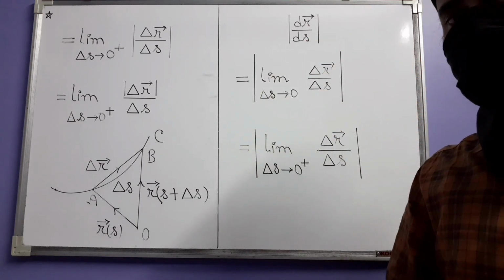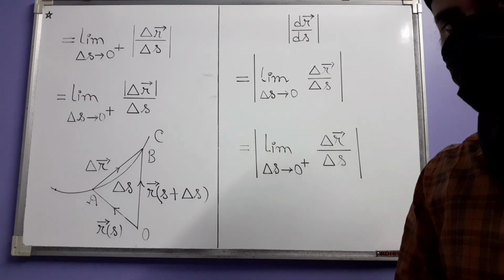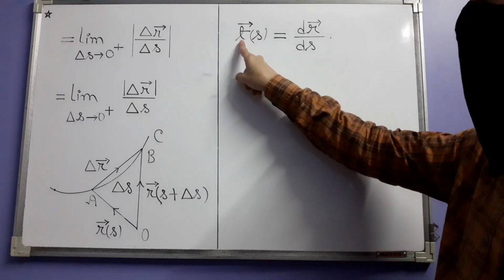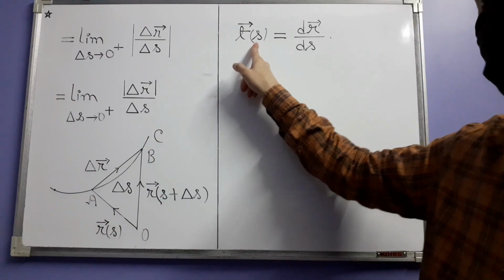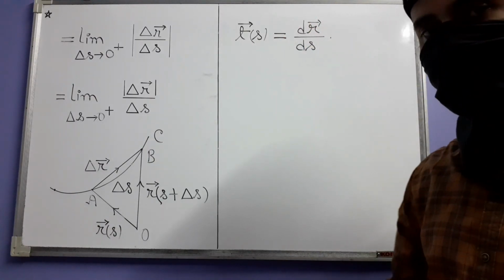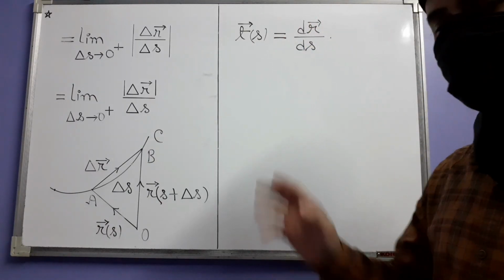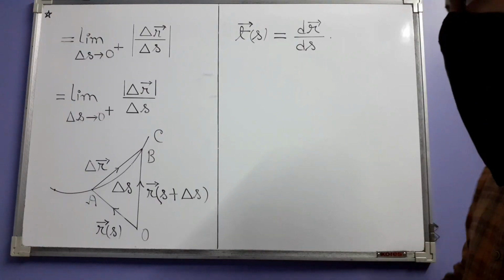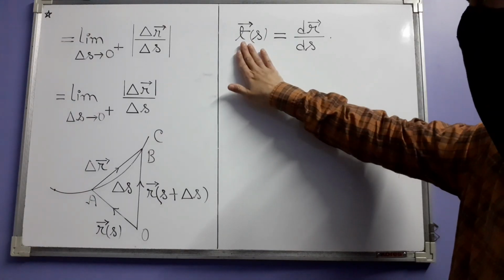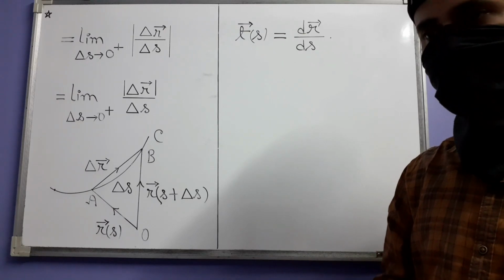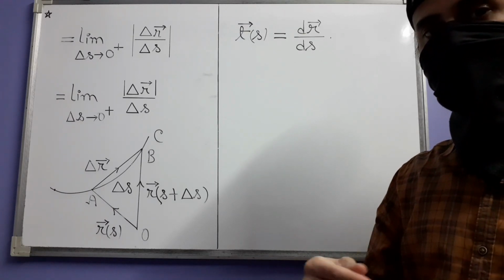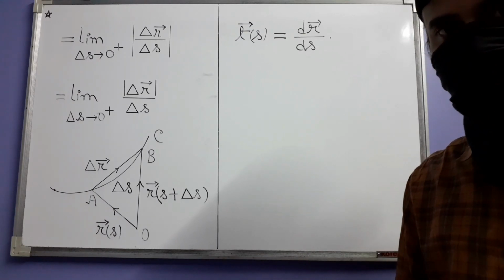So then what are we getting from this? This is what we get. The unit tangent vector, if the parameter is arc length along the curve, is dr/ds itself, the derivative itself. That's because the magnitude is 1. And now using this fact that this T of s is a unit vector, we are going to see how we can get the unit normal vector from that.